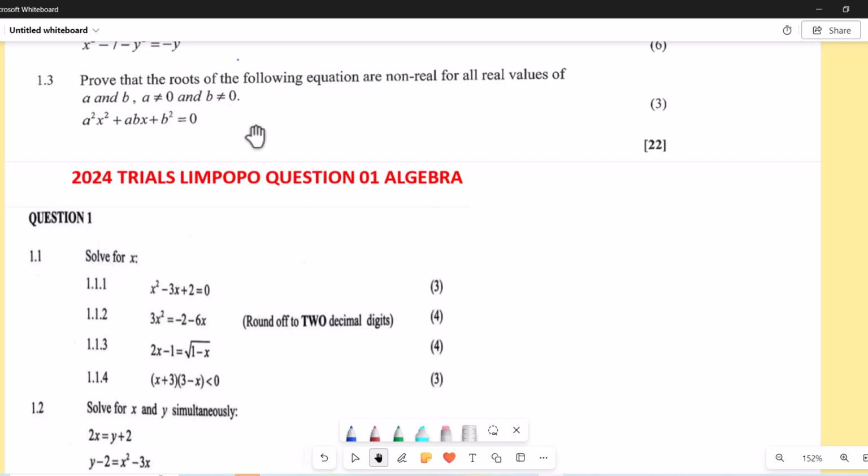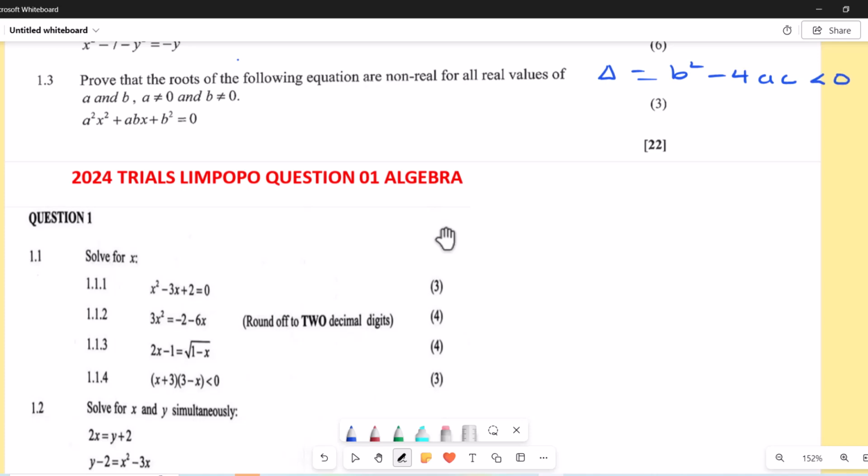Now, to prove the roots are non-real, remember that in grade 11 we said that for the roots to be non-real, in the quadratic formula, our discriminant delta, given by b squared minus 4ac, must be negative, less than 0.